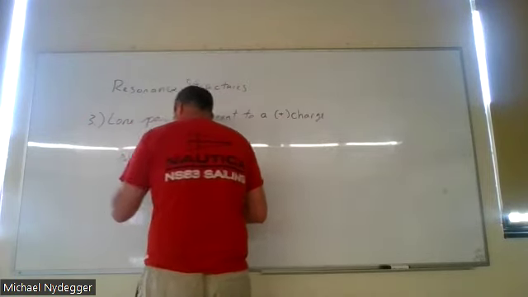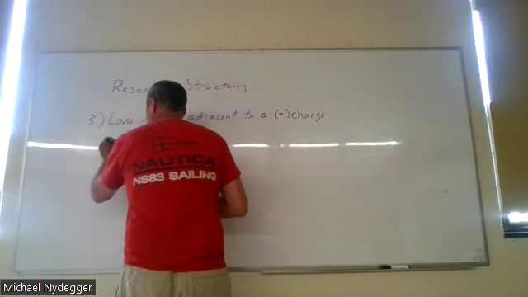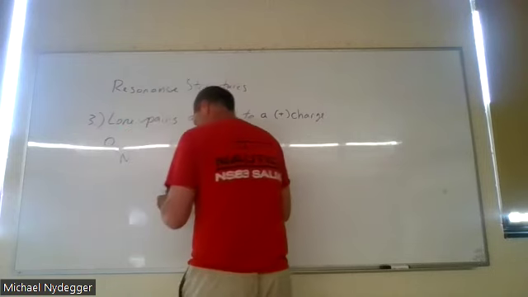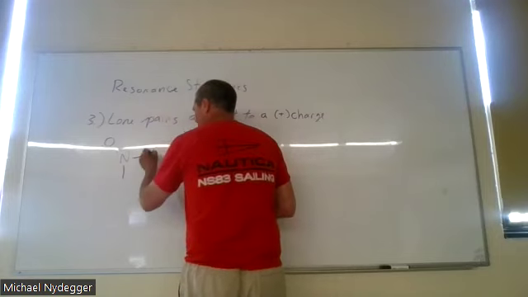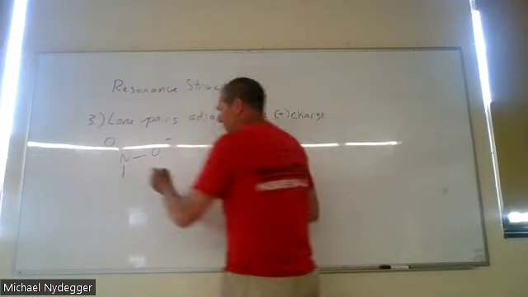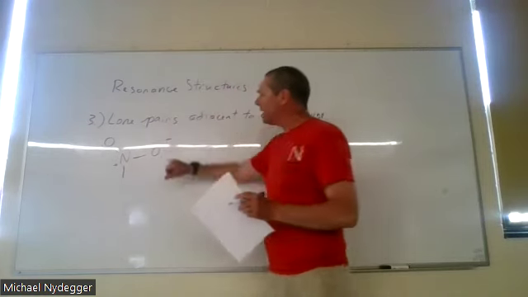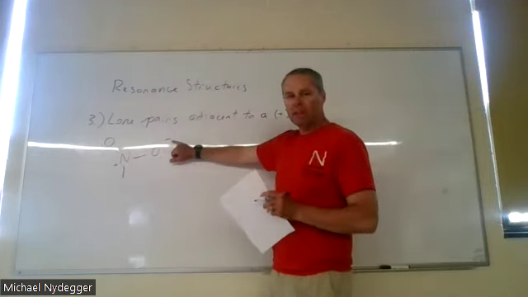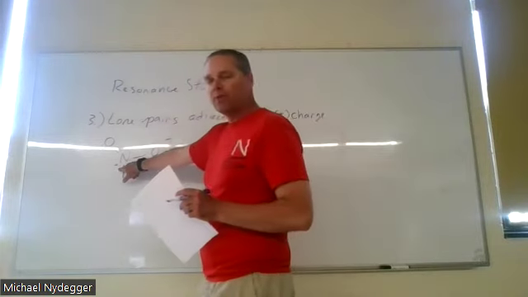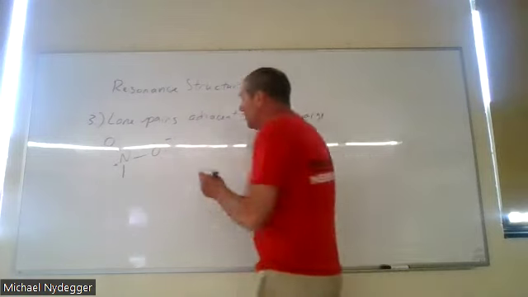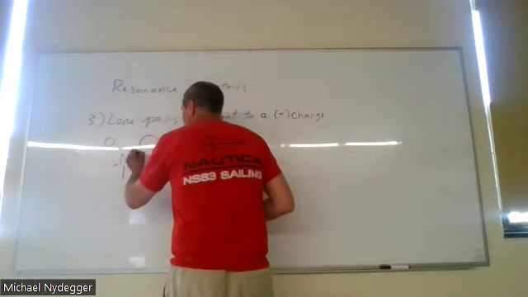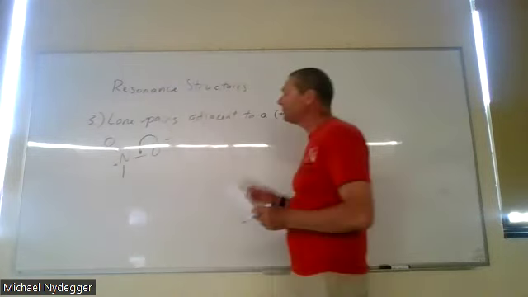You have a nitrogen double bonded to an oxygen. This can be bonded to a methyl group. And over here, you have something like this, okay? Now, we've got this oxygen, which is negatively charged, bonded to a nitrogen, which is positively charged. And what you would want to do is move one of these pairs of electrons right there.